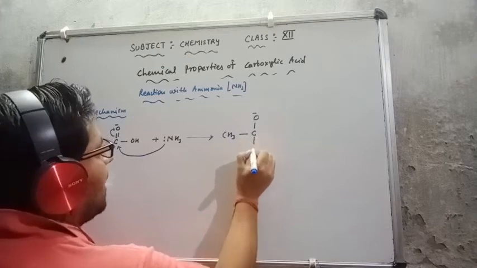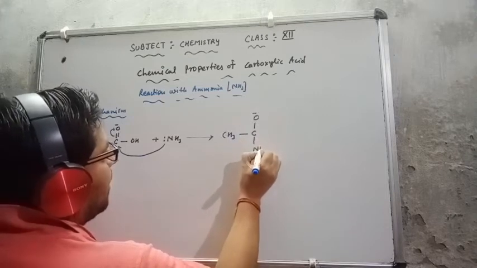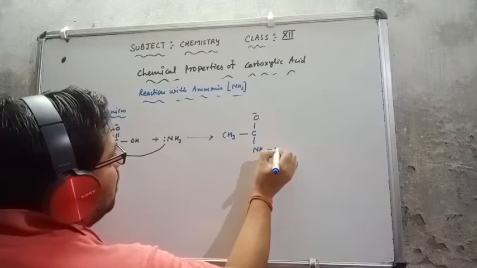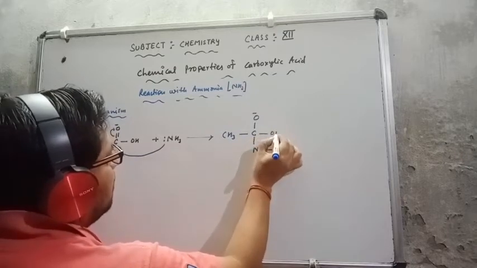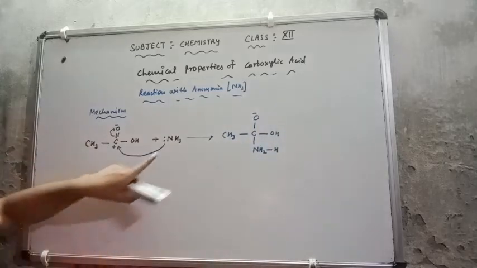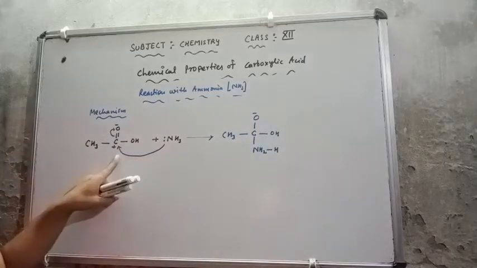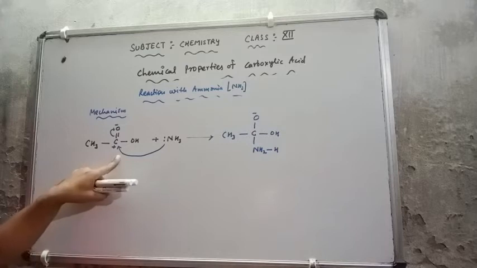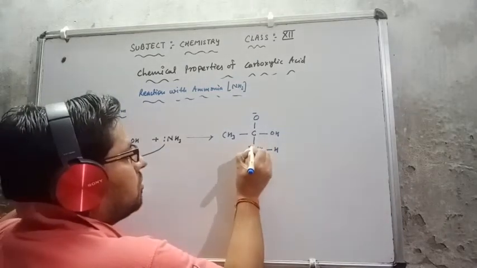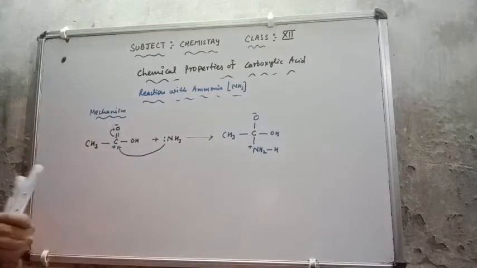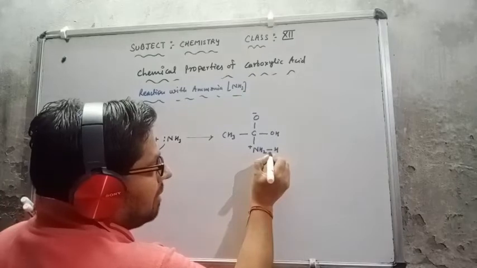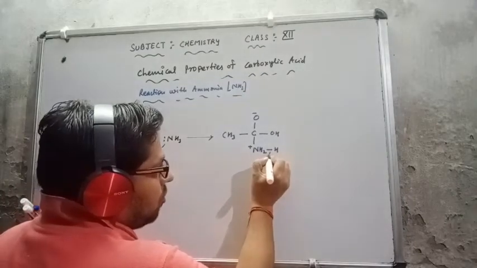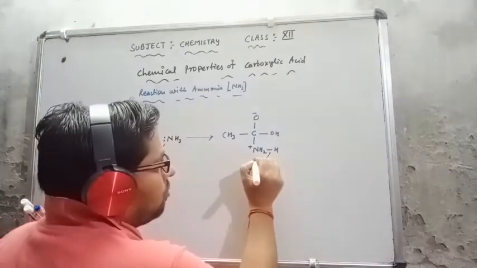On this, NH3 is attached, I can write here NH2 single bond H, there is no problem, and this is the OH. Now you can see the nitrogen has given the electron, meaning this nitrogen gets the positive charge. Nitrogen is more electronegative, so it will take the electron of this bond towards its side.